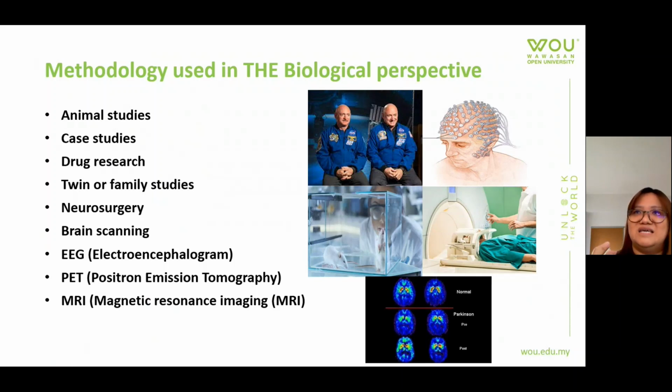For example, whether some of the measurements, like their intelligence level and their personality characteristics, will change when they are raised in different families, even though they are identical twins. So we want to identify, is the gene responsible for intelligence, or does the environment actually contribute to the intelligence level or personality formation.